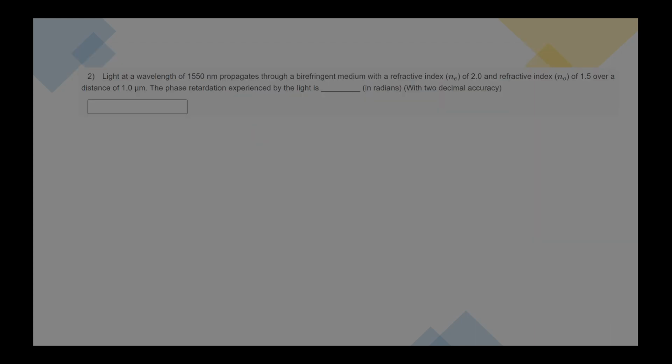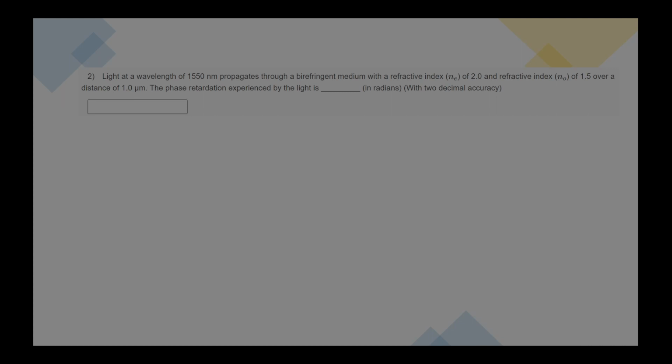Here the question is: light at a wavelength of 1550 nanometer propagates through a birefringent medium with a refractive index Ne of 2.0 and refractive index No of 1.5 over a distance of 1 micron.